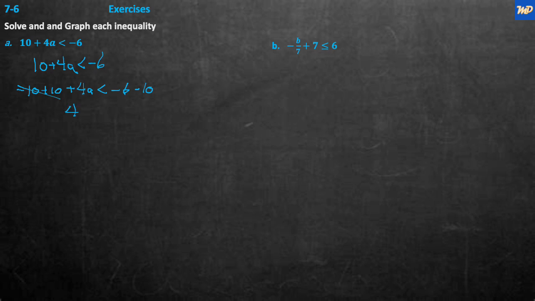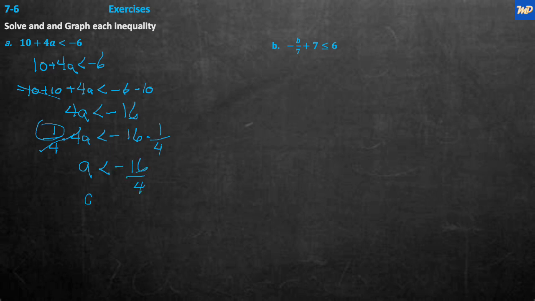We get 4A is less than minus 16. And we have to get rid of the 4, the coefficient of this A, by multiplying by its multiplicative inverse, which is 1 over 4. So 1 over 4 times 4A is less than minus 16 times 1 over 4. These 4s cancel, leaves us with just the 1A. So A is less than minus 16 divided by 4. A is less than minus 4.